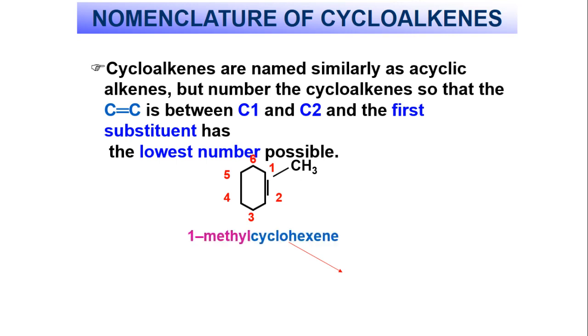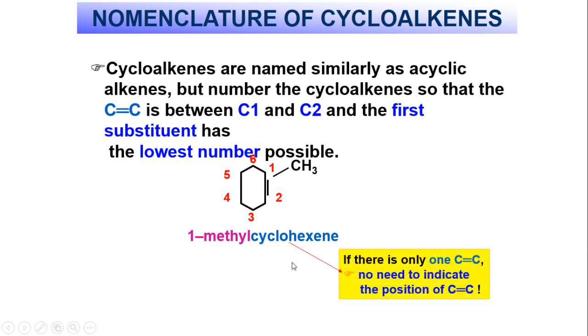So with that in mind, this will be 1-methyl, it is the branch here. So the branch here is 1-methylcyclohexene, because this is a ring structure with 6 carbons in it.